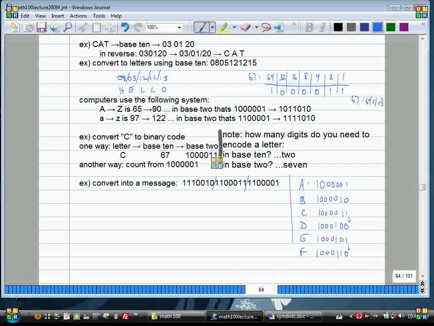So I'm just going to pick one method and go with it. Because it's more consistent with what we've been doing so far, I'm going to use the first method, which involves converting the numbers between bases as opposed to counting. Okay. So first of all, let's go this other way. So we've got a number in base 2, so what's the first thing that we have to do? Convert it to base 10.